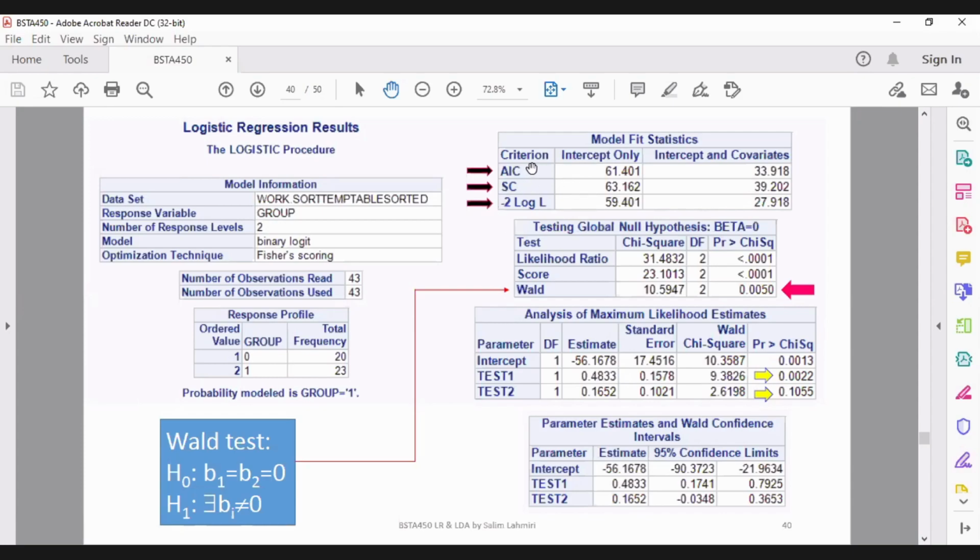We will see AIC. This is Akaike information criterion. This is Schwartz information criterion, and this is -2 log likelihood information criterion. These three criterions are used to pick the best model.